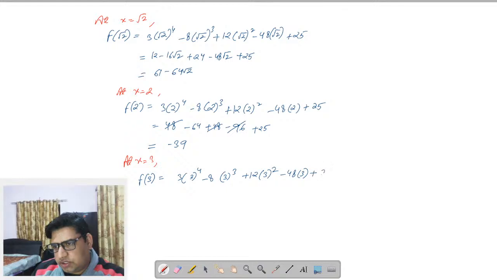into 3 plus 25. So this will be 3 to the power 4: 3 times 3 is 9, 9 times 9 is 81, 81 times 3 is 243, minus 3 times 3 is 9, 27, 27 into 8 is 216, and 8 times 2 is 16 plus 5, 21.